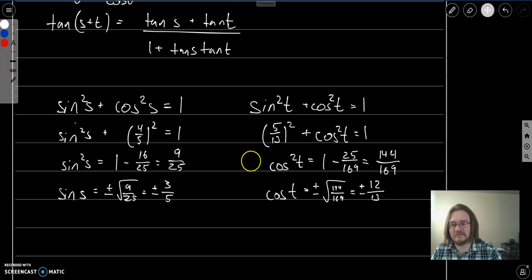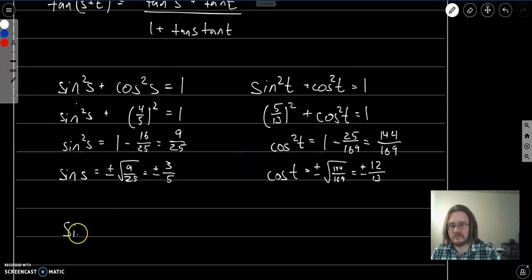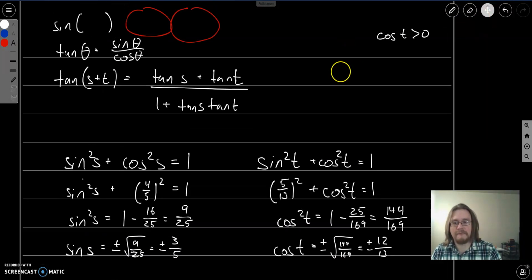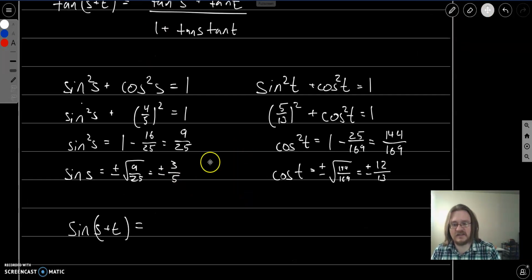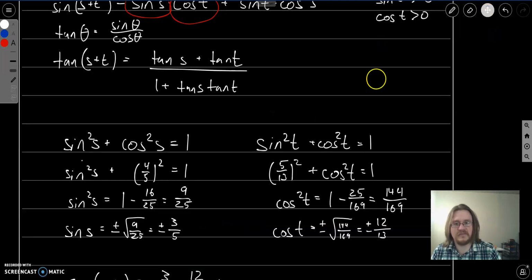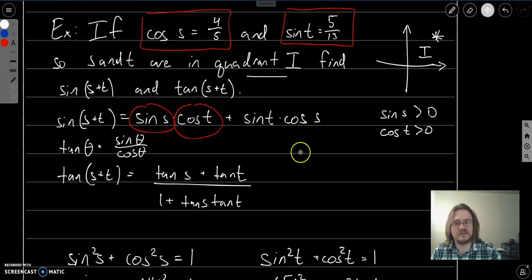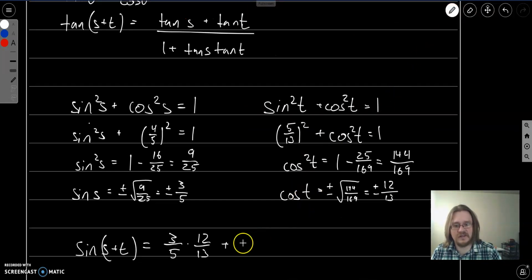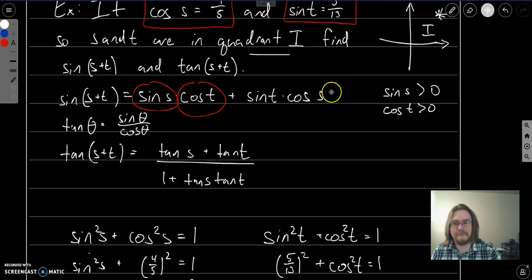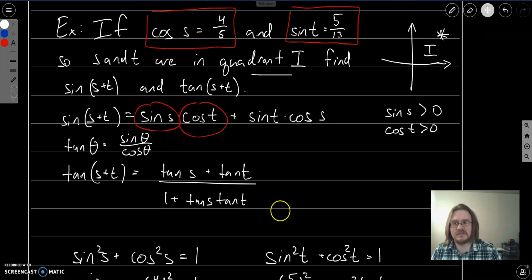Sine of S plus T. So we want sine of S, which is 3/5, times cosine of T, which is 12/13, plus sine of T, which was 5/13, times the cosine of S, which is 4/5.